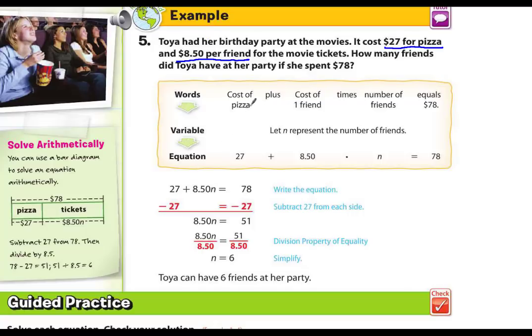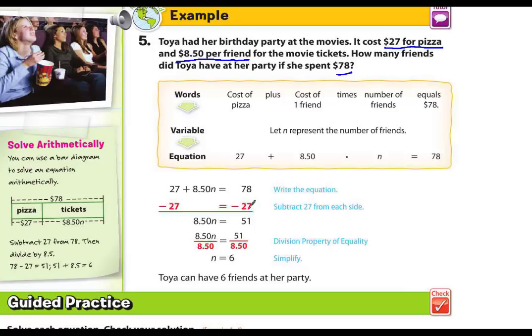So if we go down, by the way, they spent $78. So if we look at cost of pizza, which does not change based on friends, plus cost of a friend, for one it would be $8.50 because that's the per, means 1, times the number of friends gives us 78. So then we would do this just like we did before. Notice once we've written this, we're back to doing what we did before.